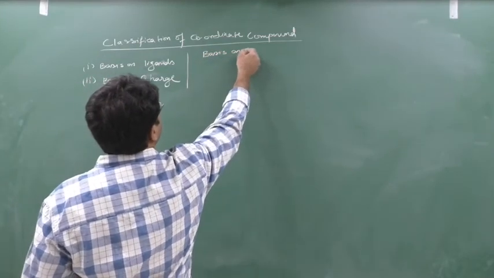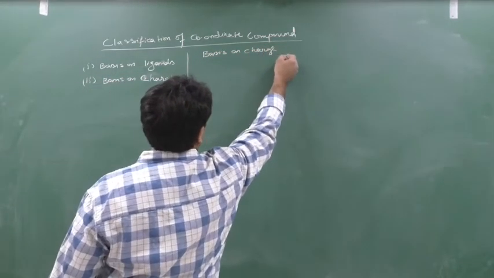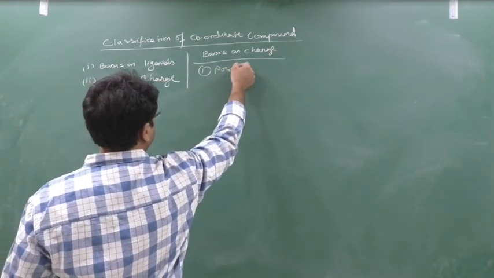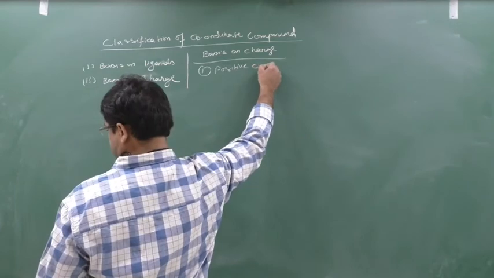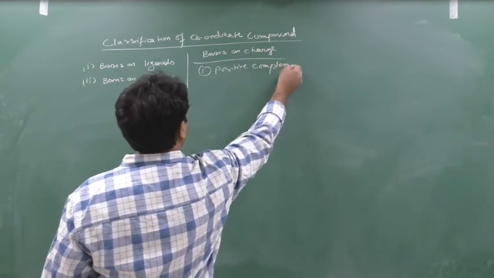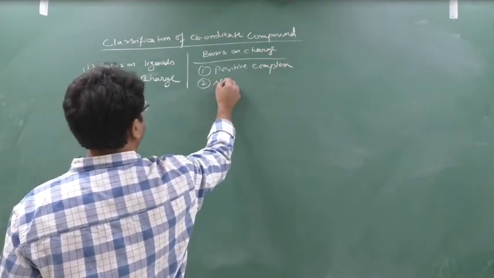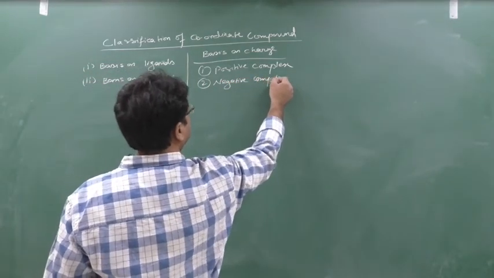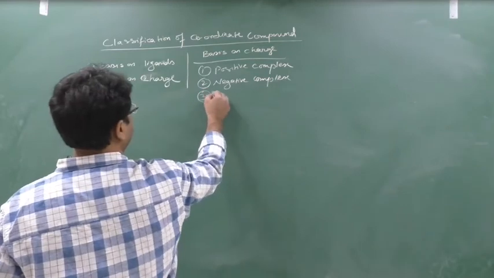On the basis of charge, we can broadly classify into three. First is positive complex, second is negative complex, and third is neutral complex.